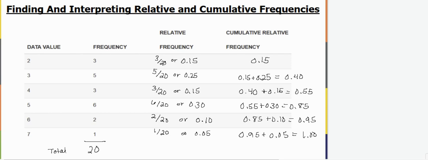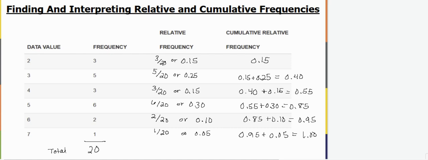So now let's take a look at a couple of questions. So we want to see, for example, what fraction of the data... I didn't tell you what this data represents, but I'll give you a question. What fraction of the data was at most 5?